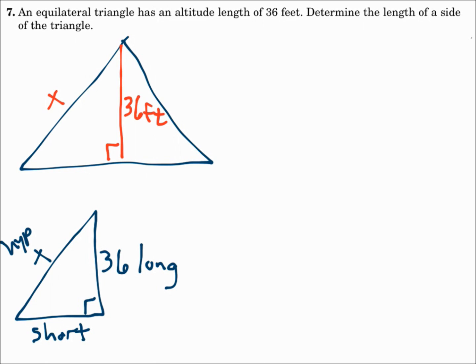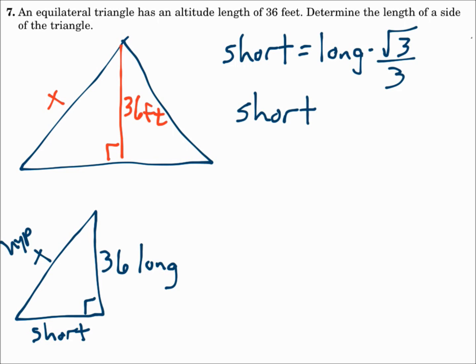So to find the hypotenuse, I first need to find the short leg. Since I know the long leg, let's use the short equals formula that also has the long leg in it. Short equals long times the square root of 3 over 3. Substitute in. Short equals long is 36 times the square root of 3 over 3.